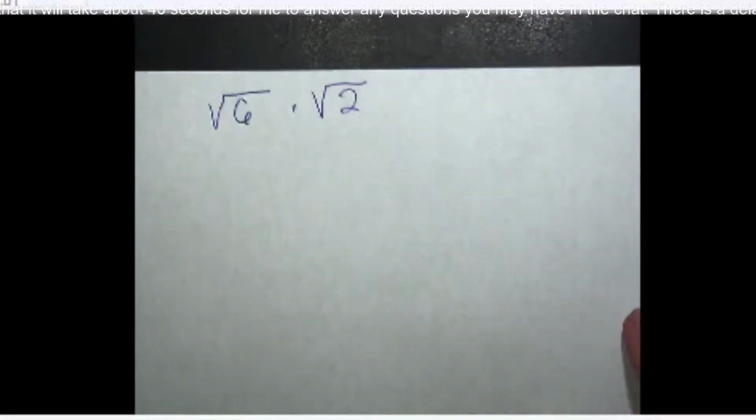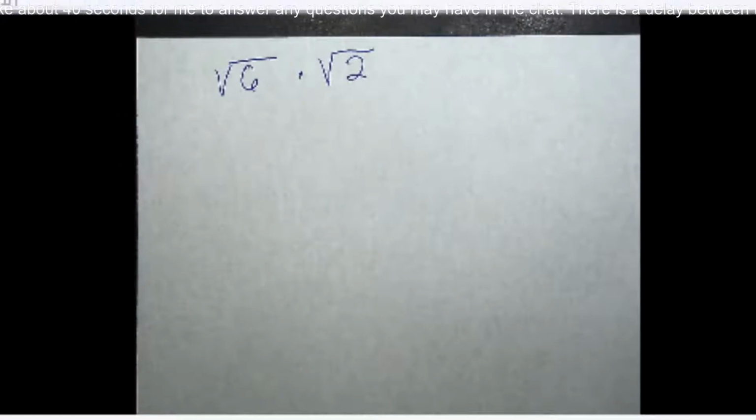Square root of 6 times square root of 2, right? And I said, yeah, we don't need like terms for multiplying. Doesn't matter what kind of number we're using. We can multiply anything by anything. So here we could multiply 6 times 2 and get 12, but I shouldn't really.